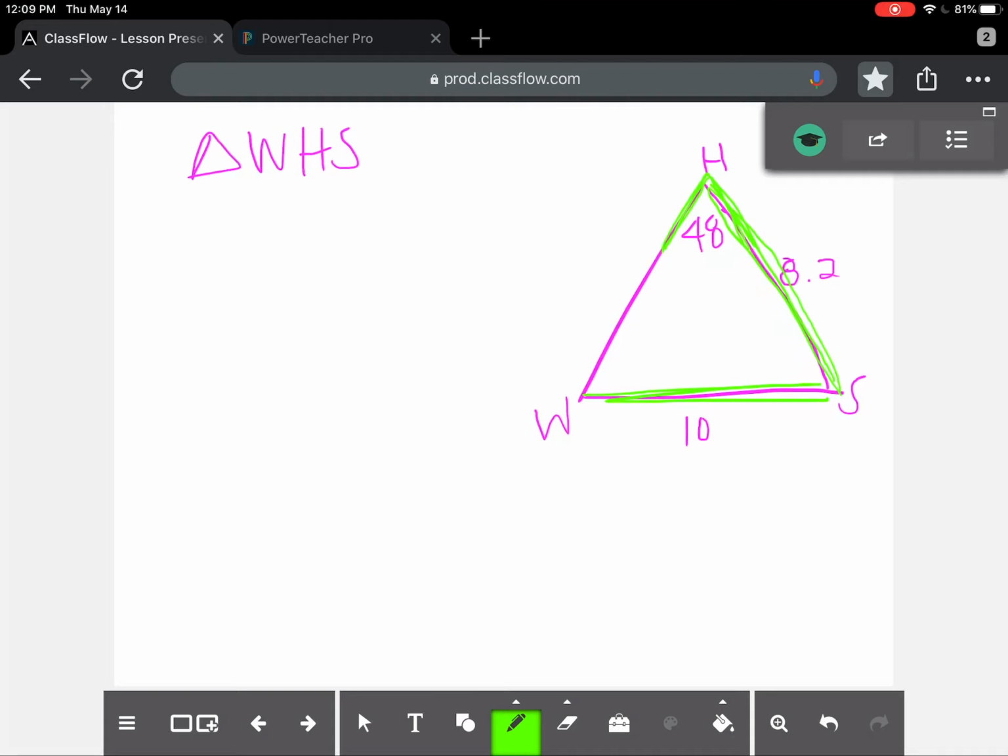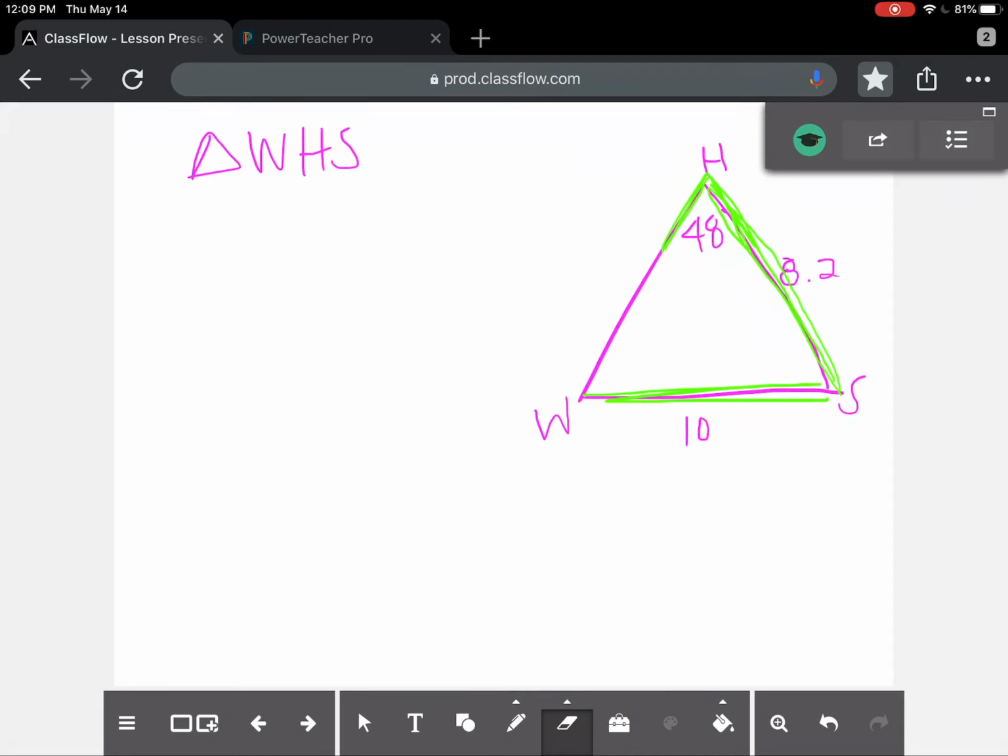It was just really hard to write in from the computer, so I just gave it to you right now. So as you can see, this is an SSA triangle. How do we know that? We've got a side, then an adjacent side, and then an adjacent angle.